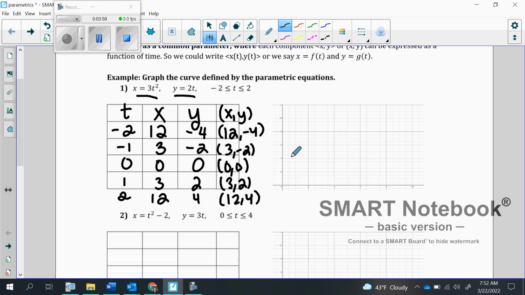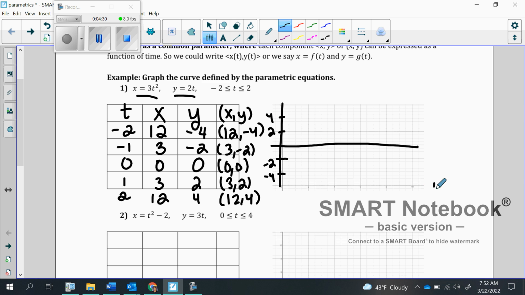So if we go to graph this, and this grid is a little bit wonky, I'm just kind of going to change it a little bit. Say, hey, that's 0, 0, and we're just going to approximate it. So we'll go out to 12. So I'll make this down here -4, -2, 2, and 4.